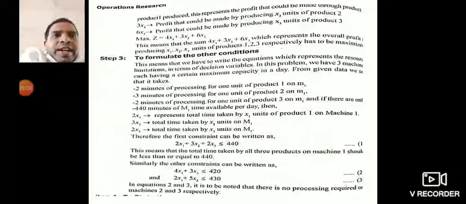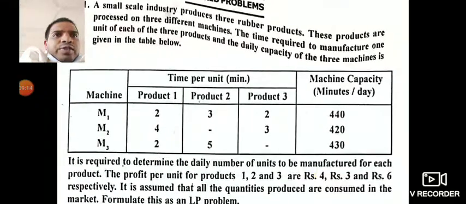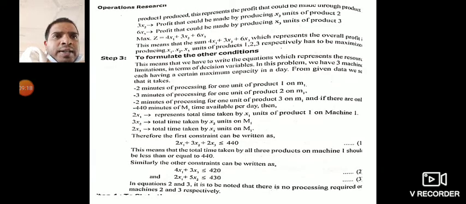So we can write the constraint for machine 1 with respect to time: 2x1 plus 3x2 plus 2x3. The maximum duration he has given is 440 minutes for machine 1.